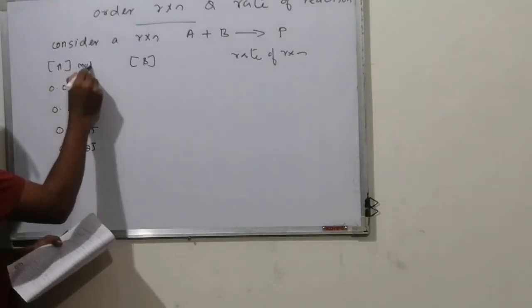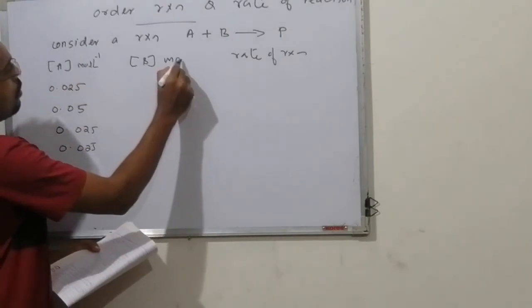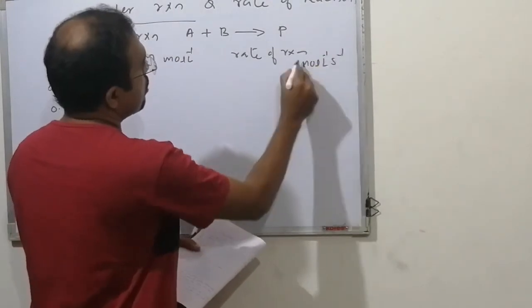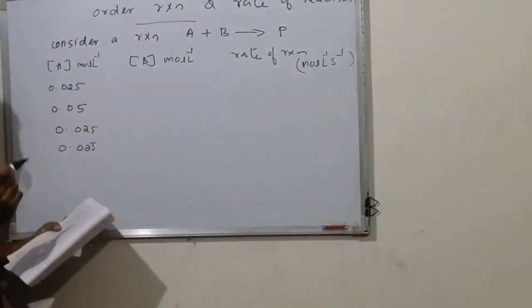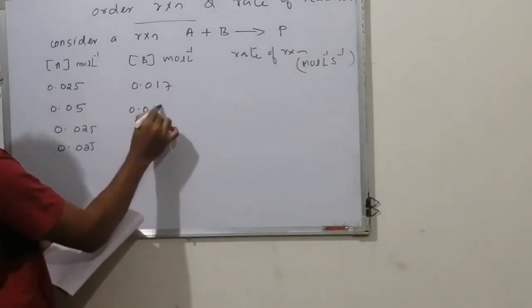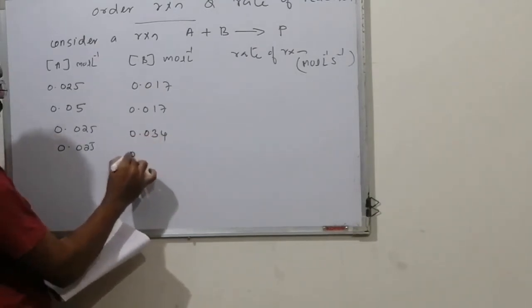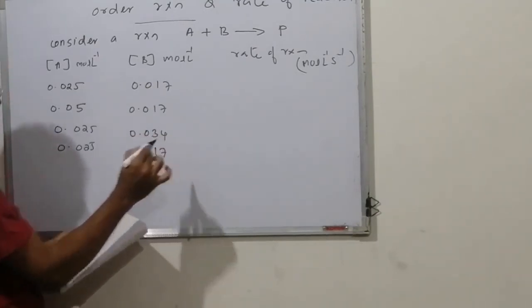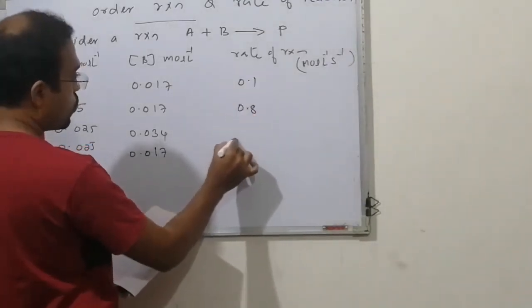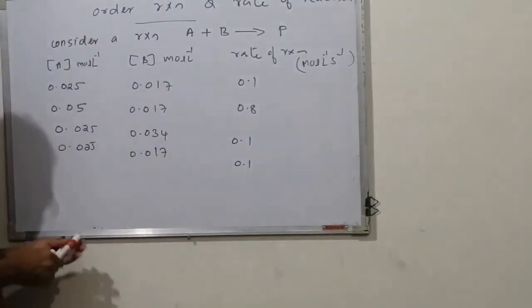This is mole per liter, mol L^-1 s^-1 is the unit. Here 0.017, 0.017, 0.034, 0.017, right? 0.1, 0.8, 0.1, 0.2.